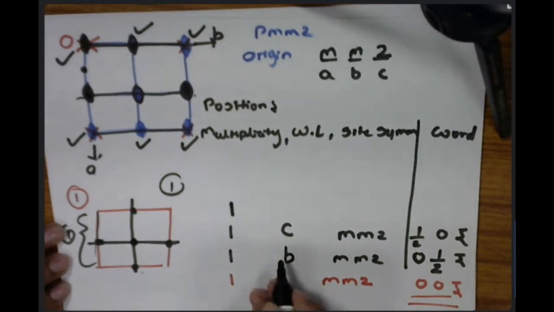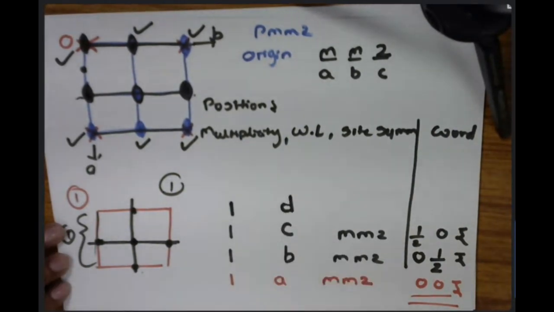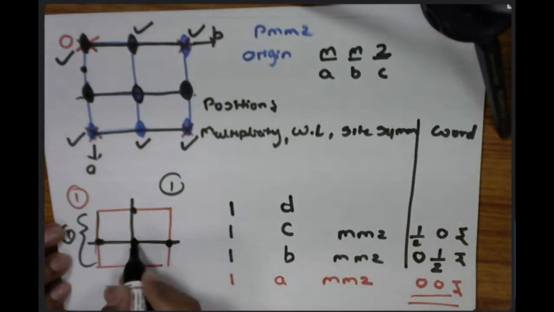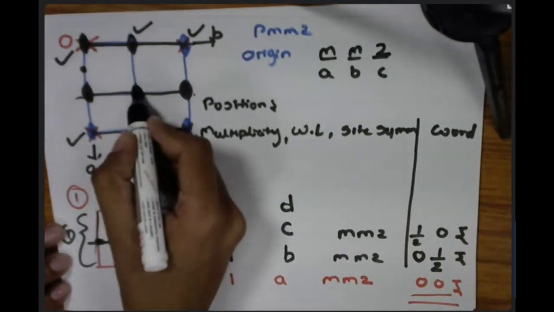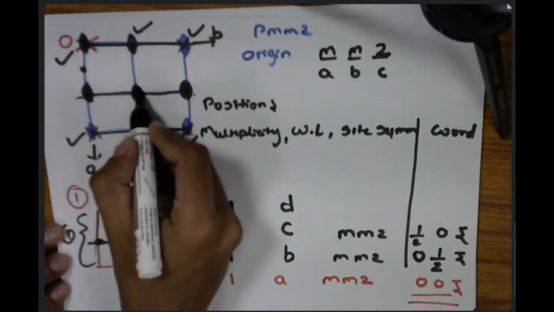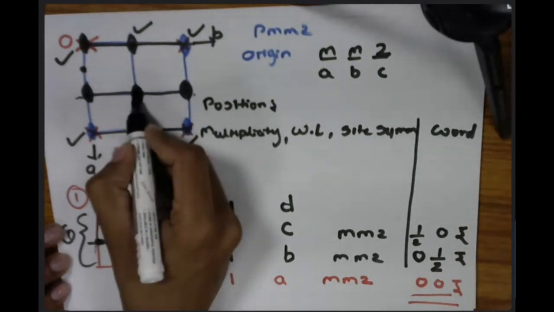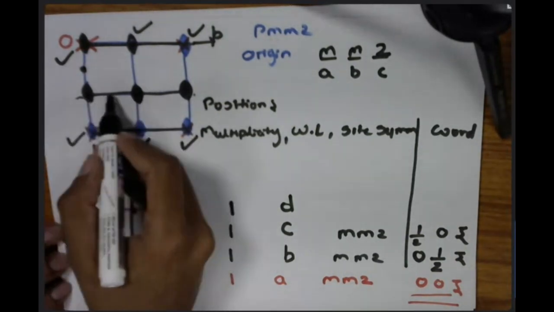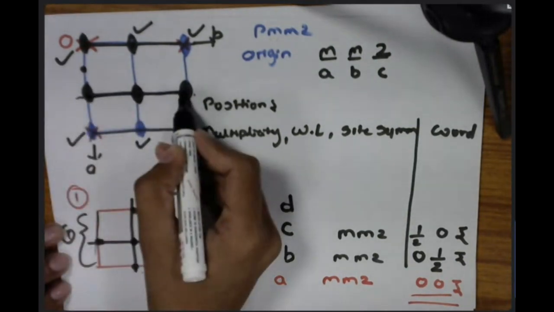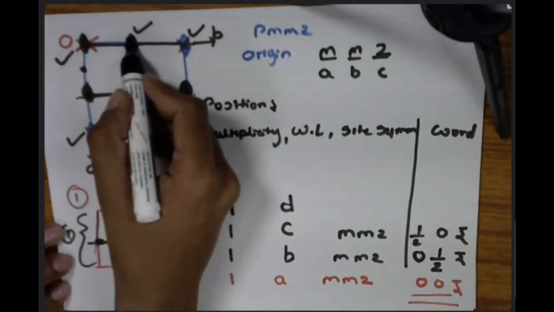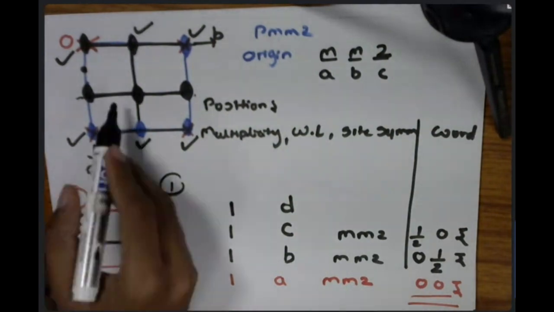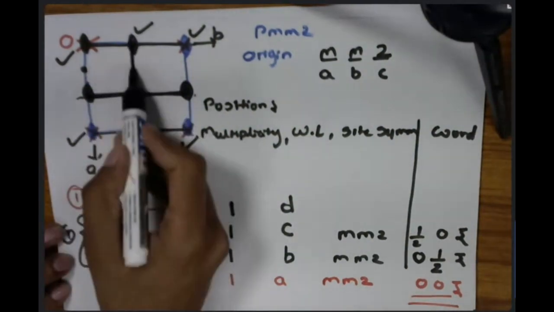Wyckoff letter, let's move ahead and we can write it as D. Now the site symmetry: about this particular point, there is a twofold along the z-axis, and a mirror perpendicular to the x-axis and y-axis.